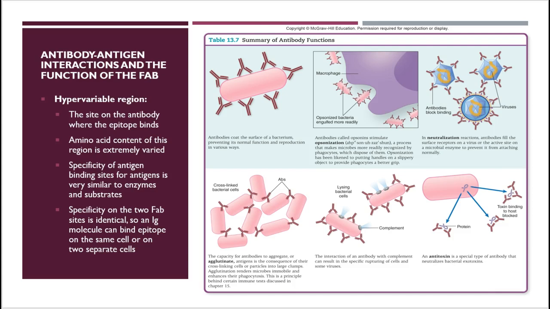Another way that antibodies can interact with antigens is through something called neutralization. And this typically happens when we're talking about a virus. So the antibodies can bind to certain receptors and sites on the virus, and in that binding, they inactivate those sites on the virus to prevent them from attaching as they normally would to the receptors on the cells of tissues that they naturally recognize.